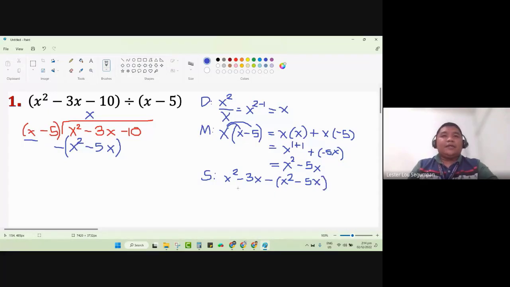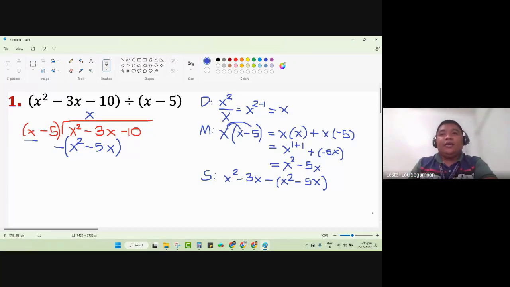So the third part is subtraction. When you subtract, you need to understand that the operation before the grouping symbol is subtraction. When we remove the grouping symbol, the signs of the terms inside the binomial will be changed to their opposite signs.